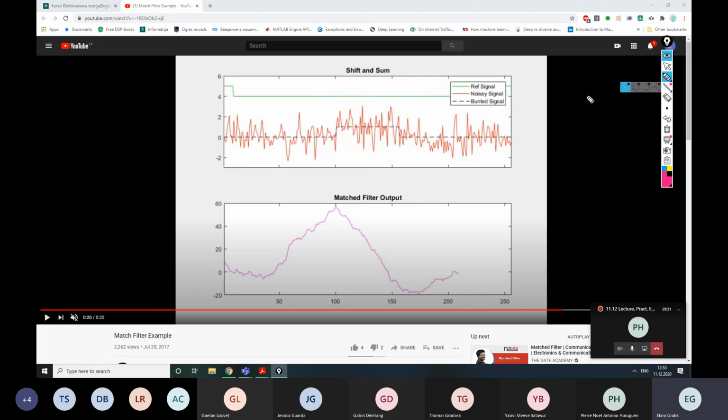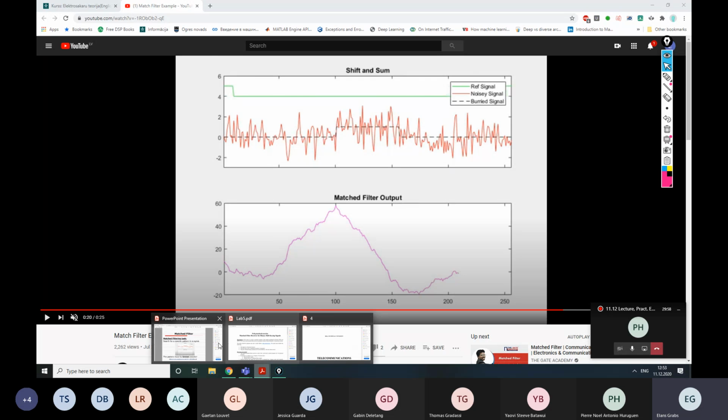If we look closer here, you can see that this maximum matches directly the beginning of this pattern. Now we know this pattern form, so we know where exactly that signal is hidden. And you can consider that we actually have received that signal without noise. We have found where it's hidden, right? So that's how matched filtering works.